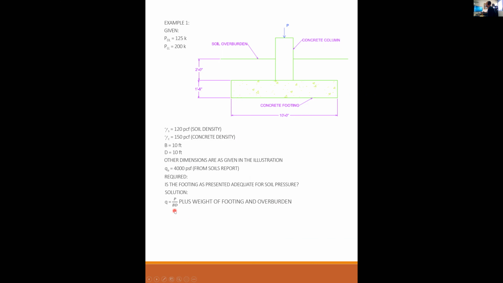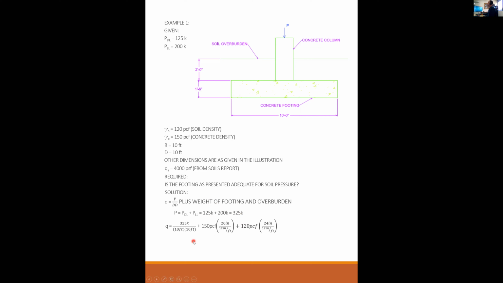So the actual soil pressure is going to be the total axial load divided by the total area under that footing, plus the weight of the footing and the overburden themselves. So the axial load is the dead load plus the live load. 125 plus 200 is 325. Again, no load factors.